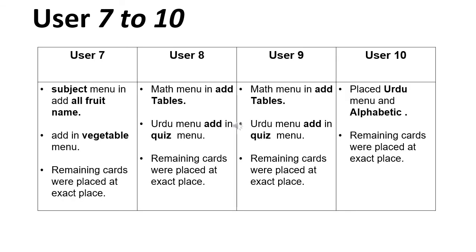Users 7 to 10. User 7 said all fruit names must be added, user 8 said tables must be added, user 9 said tables must be added, and user 10 suggested alphabets must be added.